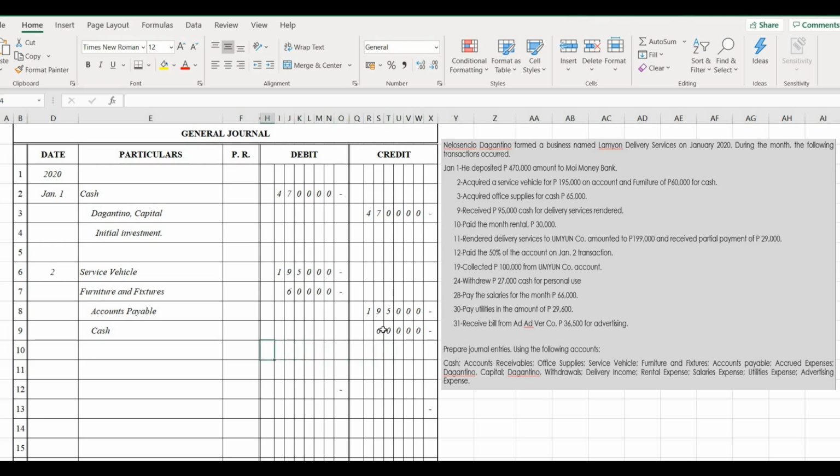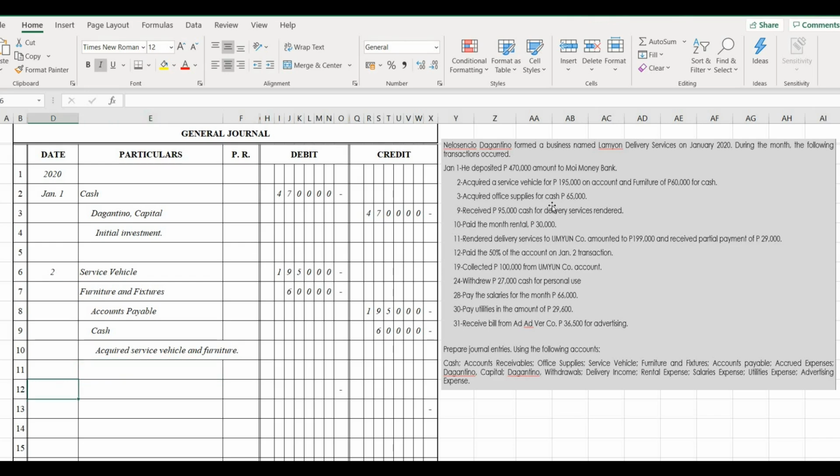And then, lastly, your explanation of what happened. So, we have acquired service vehicle and furniture. So, just a brief explanation or description of what happened.